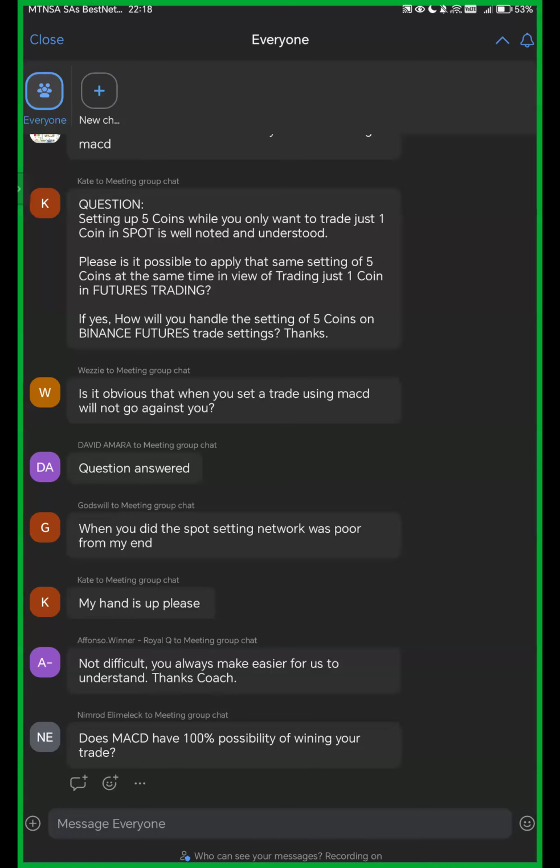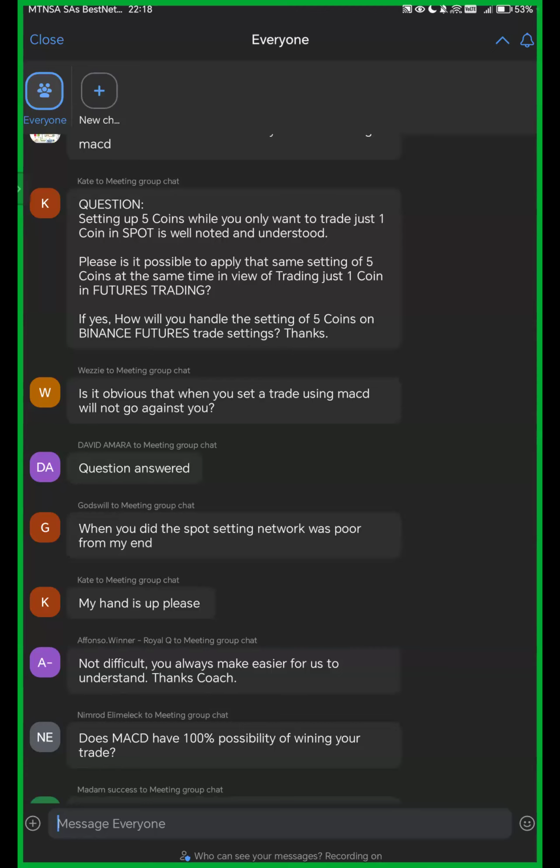When price has already gone high up and you are making a long, what will happen to you? You are going to enter the market at the wrong position. So when you set your robot, the robot is not going to enter the market when the price has gone high up. It is going to look for a MACD golden cross or death cross, depending on which section you are trading in.